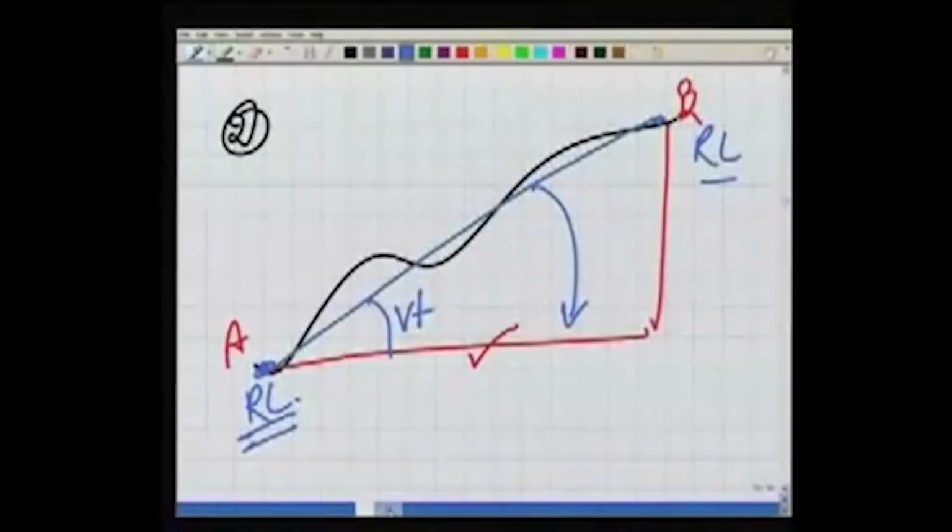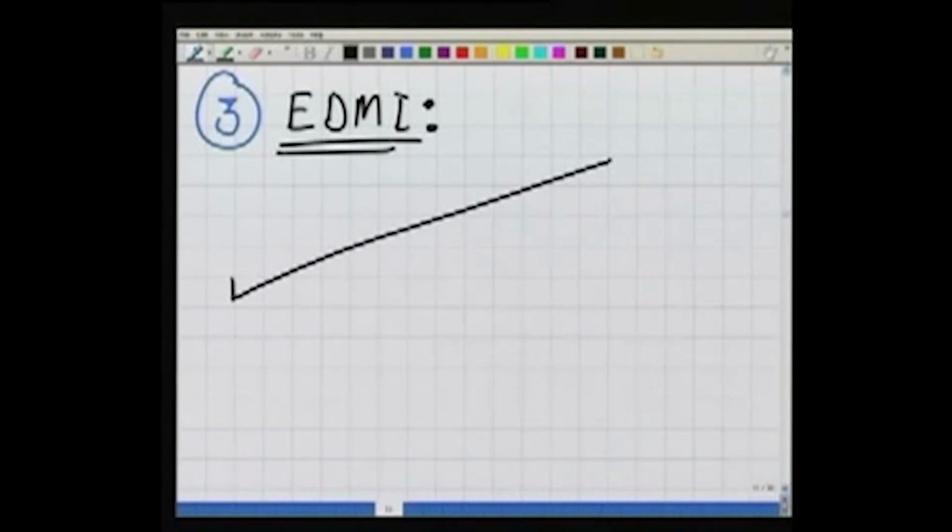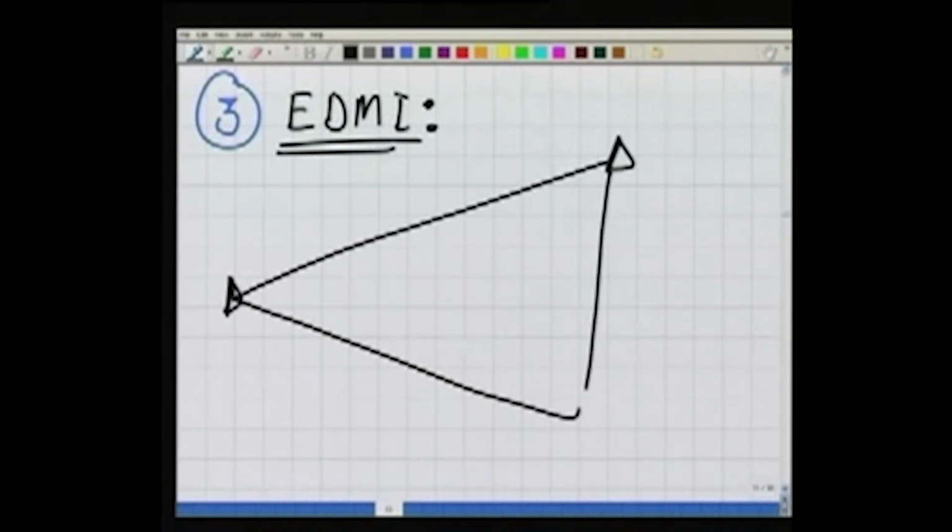Then the third problem with trilateration is, because we are using here EDMI for the measurement. In case of a triangle, our length of the side could be of the order of 2 km, 3 km, 5 km, 10 km, we know it. In case of triangulation, we have seen that.